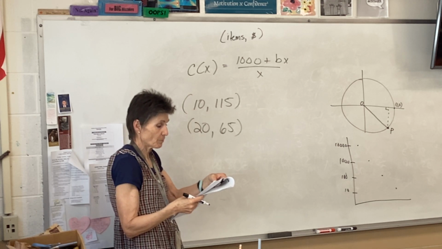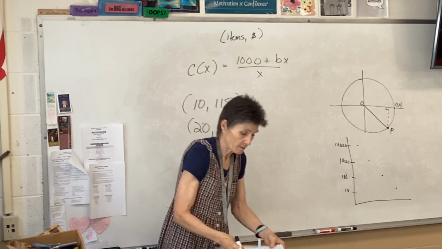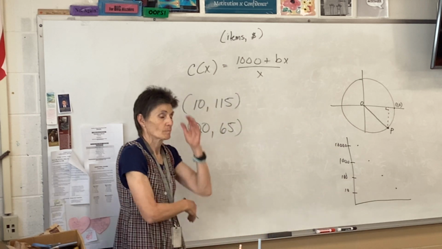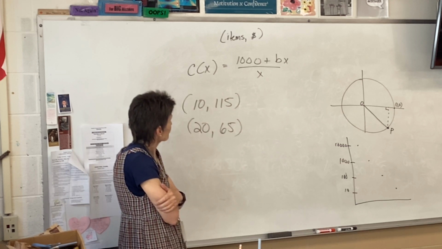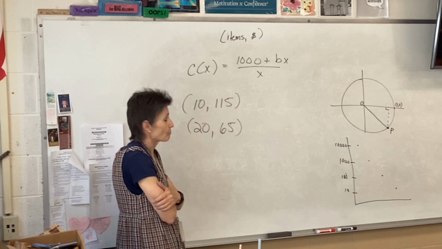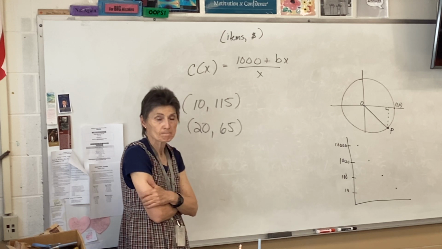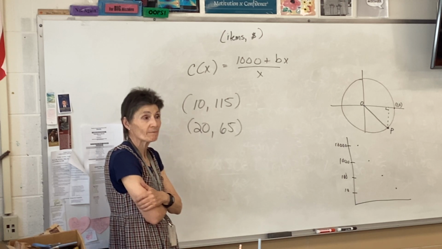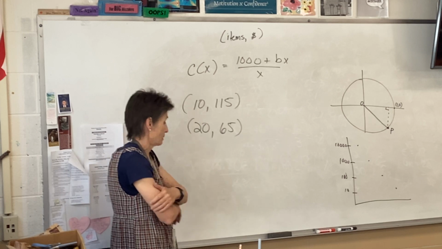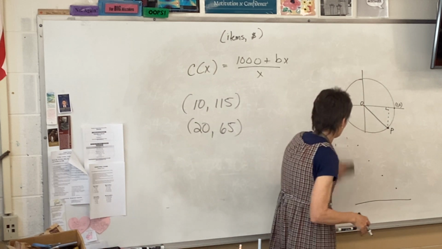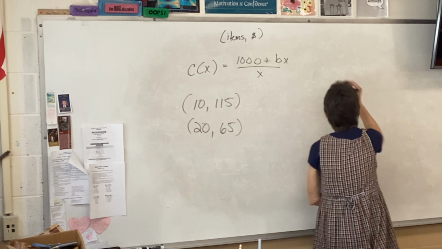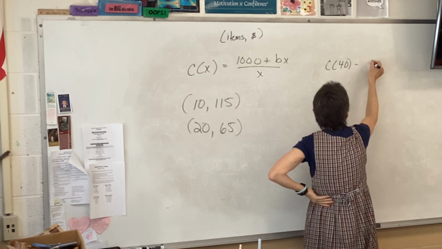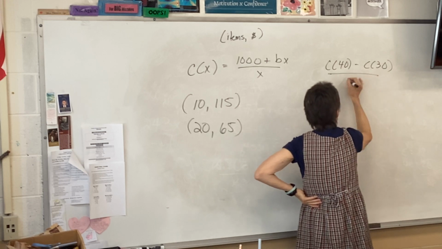What is the average rate of change as x changes from 30 to 40? I don't know, what do you think? What are we gonna do? We know how to find average rate of change. So as X goes from 30 to 40, that'll be C of 40 minus C of 30 over 40 minus 30.